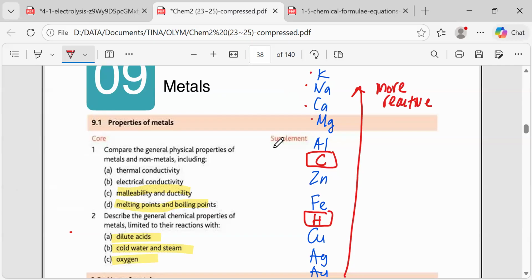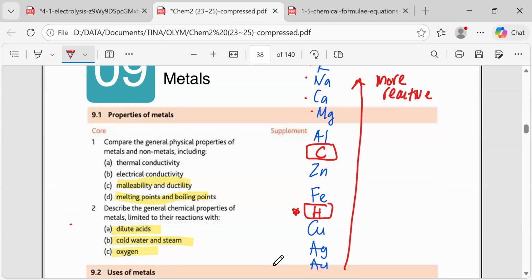Magnesium reacts with water very slowly, but magnesium can react with steam. Then everybody else doesn't react. Dilute acid, everybody can react until here. Copper, silver, gold don't react with acid because they're below hydrogen. Everybody can react with oxygen, but the reaction gets slower as you go down. Very easy.